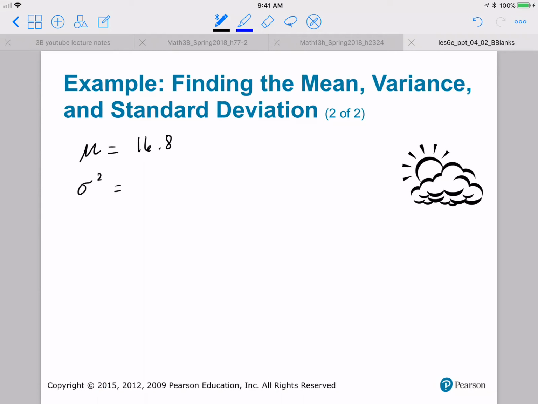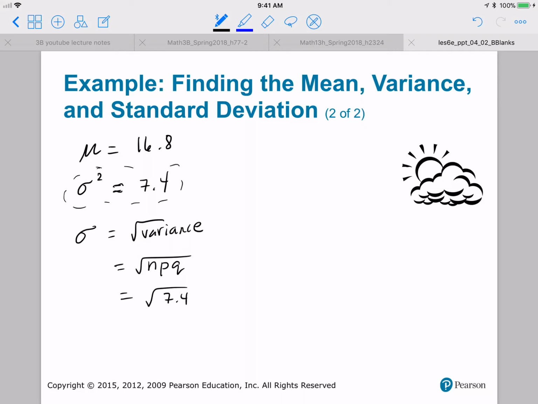Our variance is about 7.4. And our standard deviation, remember that's the square root of variance, which is the square root of npq, which is the square root of 7.4, so it's going to be approximately 2.7.